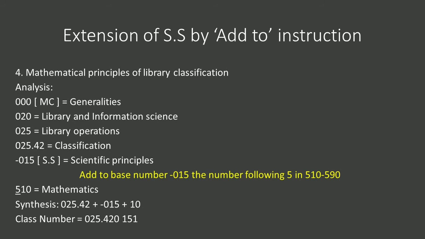extension of standard subdivision by add to instruction. Sometimes we can extend the notation of standard subdivision by add to instruction. Now here is the example, mathematical principles of library classification. There are two terms, mathematical principles and library classification. We know library classification is part of library and information science.